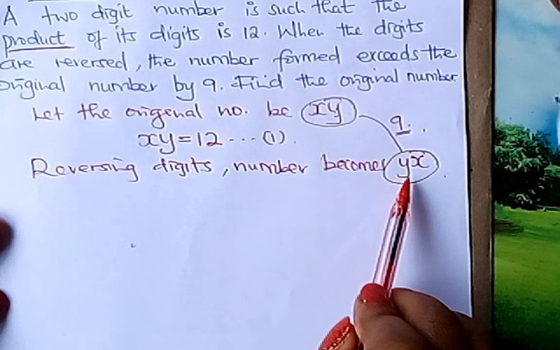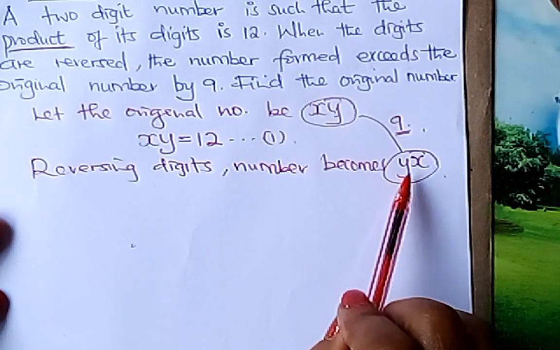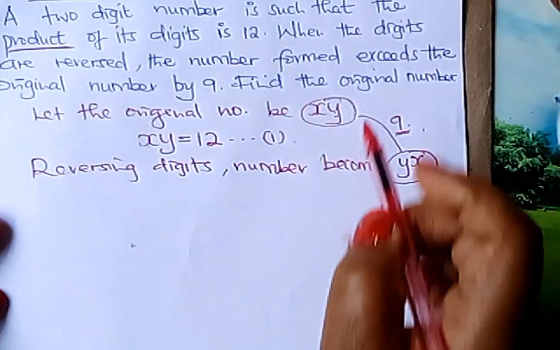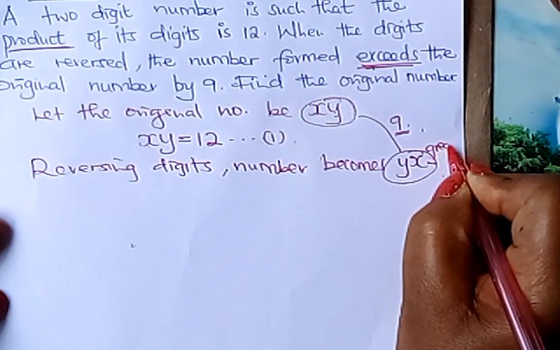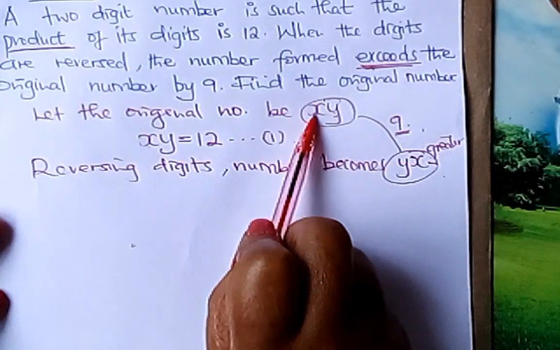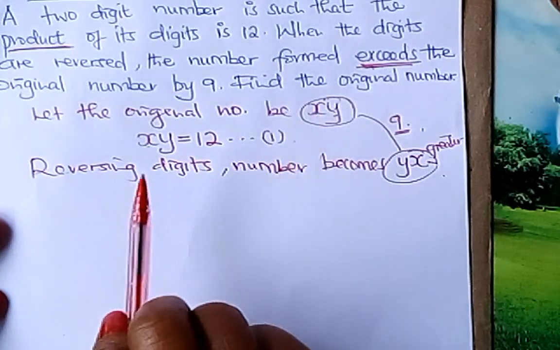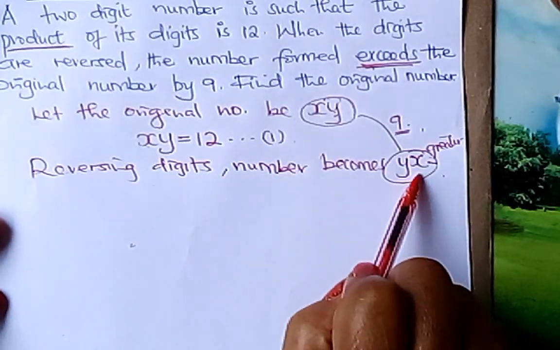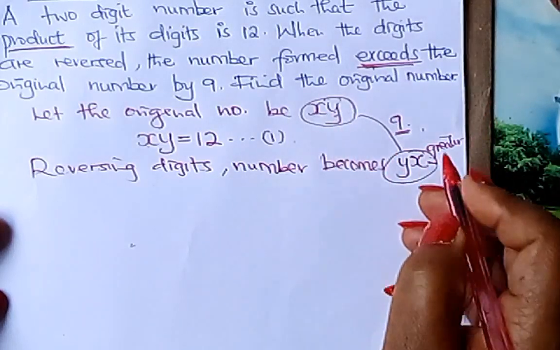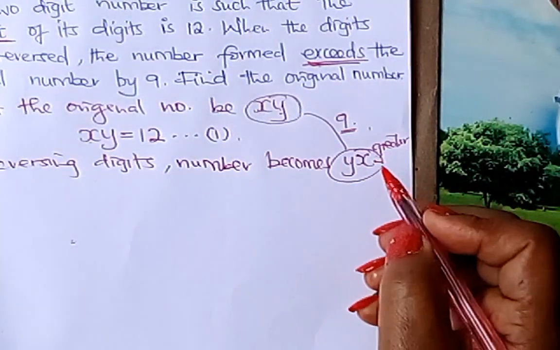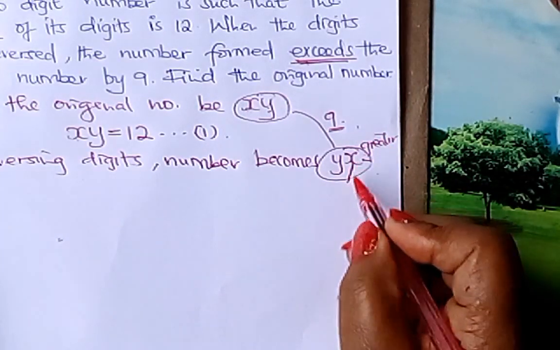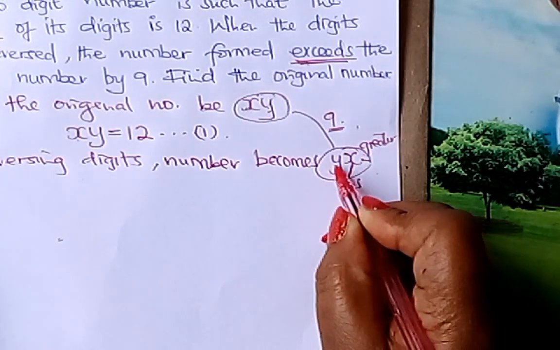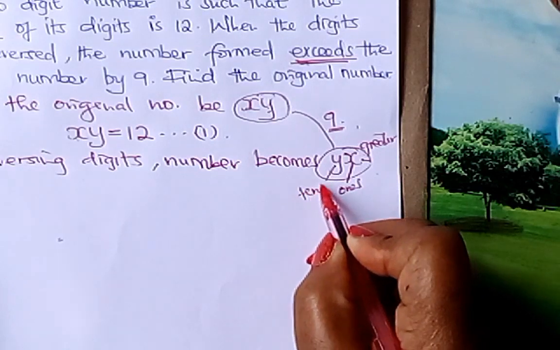The number formed is greater than the original number by 9. So how do we form this equation to show the difference? You go to the total value of each number. X is in the ones digit and y is in the tens digit.